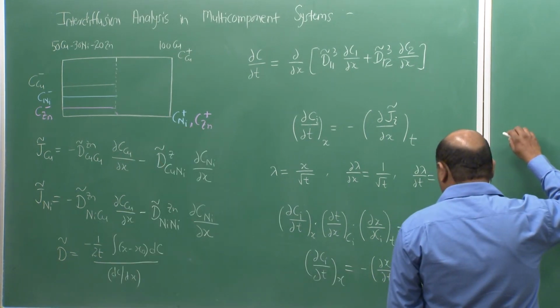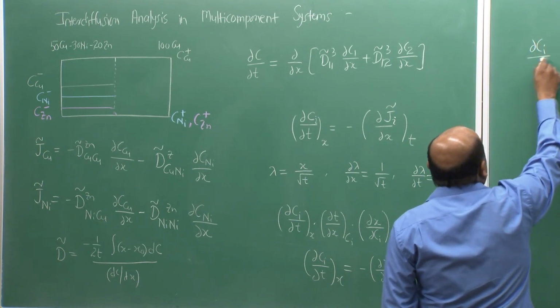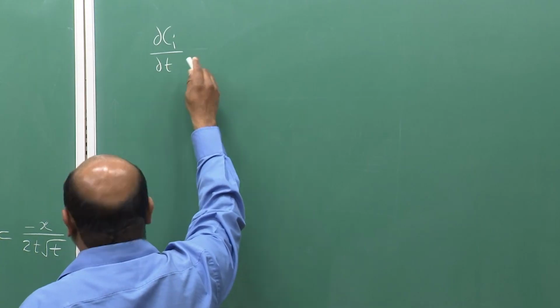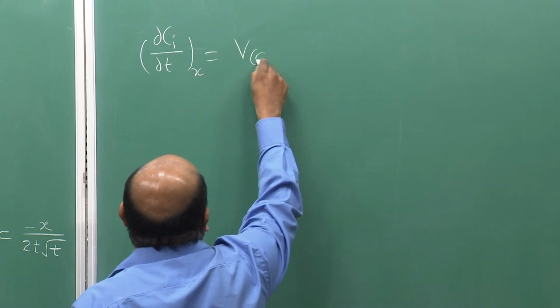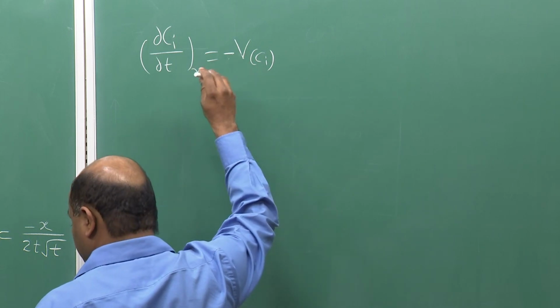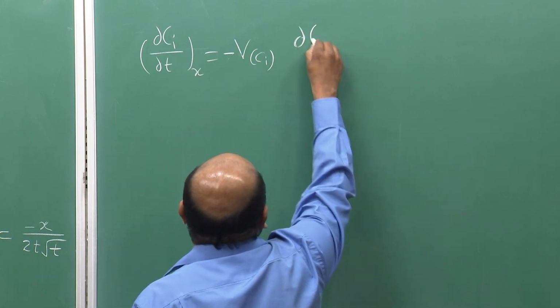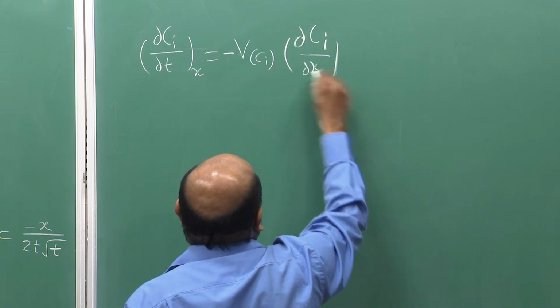So, we can write dou Ci by dou t at constant x is equal to V of Ci, there is a negative sign here, times dou Ci by dou x at constant x.